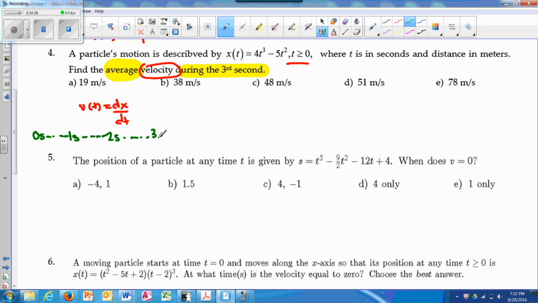So the slope is y2 minus y1 over x2 minus x1. So 1 over 2. Notice that we should have had a positive slope, so a positive acceleration between 2 and 4.